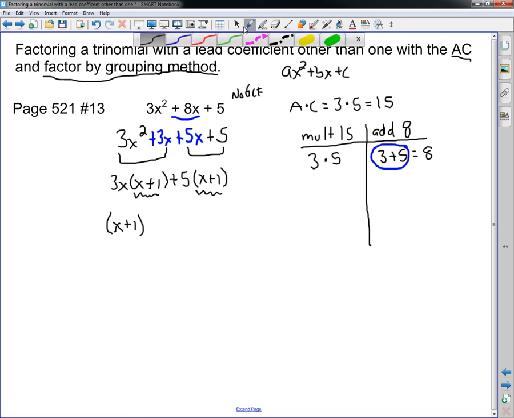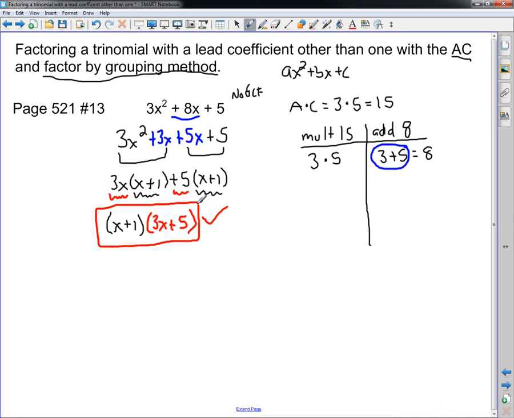Now here's the tricky part that sometimes gets missed, is my second binomial is going to be what I didn't use in each of these groups. So you see the 3x and the plus 5. Again, we've already foiled this in the last problem to check, so I'm going to give it a check that that's our final answer. But again, if you wanted to, you could foil just to verify.